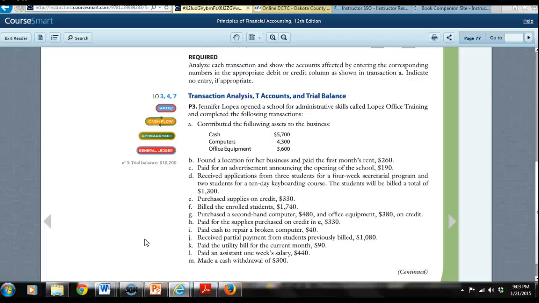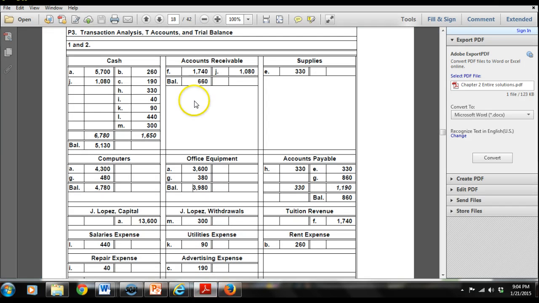Now, from that accounts receivable, we received in cash $1,080. What are we going to do there? We're going to credit 1,080 in accounts receivable. Perfect. We are going to reduce our accounts receivable by 1,080 because we've collected that money.